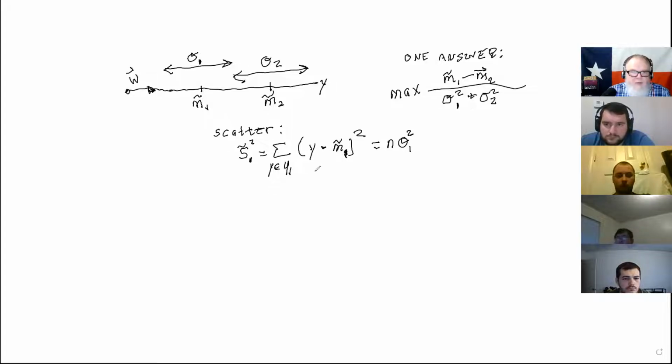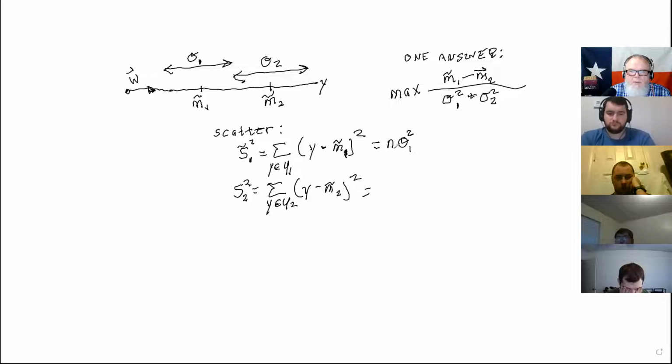In a similar fashion, we have S2 squared equal to the summation over y in Y2 of (y minus m2 twiddle) squared, and that's equal to n2 times sigma 2 squared.